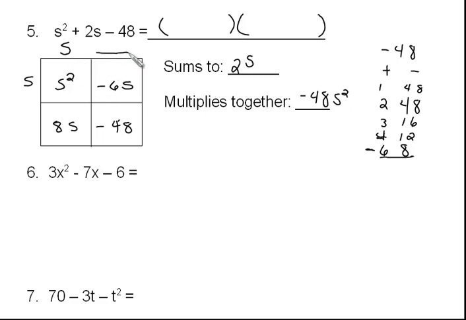And whatever goes in that blank, s times this blank, will give me negative 6s, so that's going to be negative 6. And s times whatever in this blank is going to give me 8s, so that must be 8, and then 8 times negative 6 is negative 48. So our two factors are s minus 6 and s plus 8.